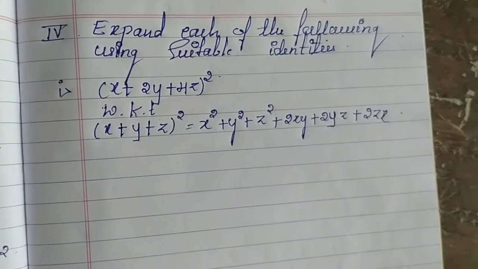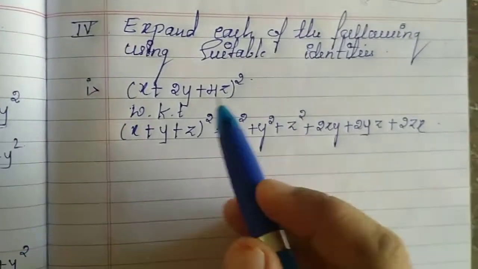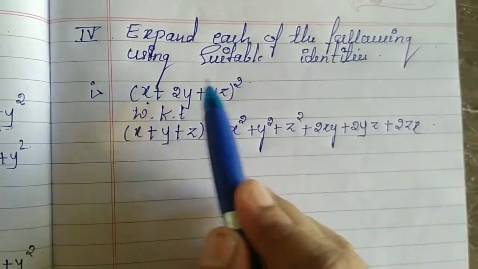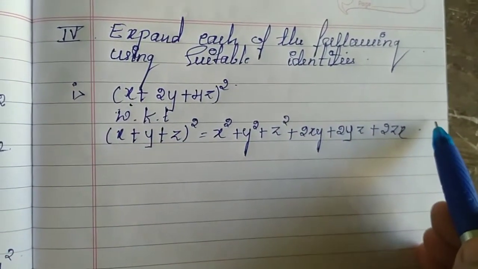Okay, so now what you have to do, first you have to guess, in place of x which term is there over here? X is there. In place of y, 2y. In place of z, 4z. So substitute all the values in this identity now.